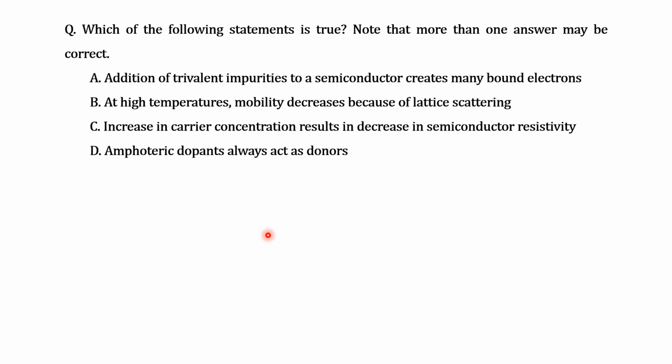Suppose we have a semiconductor gallium arsenide and we are doping it with silicon. Suppose gallium is replaced by silicon, what happens? They will act as donors. And if silicon replaces the arsenic part, it will act as acceptors. So the same silicon has the capability of acting both as acceptor and as donor based on which element it is replacing. So in gallium arsenide, if you are replacing gallium with silicon, you are exchanging those both.